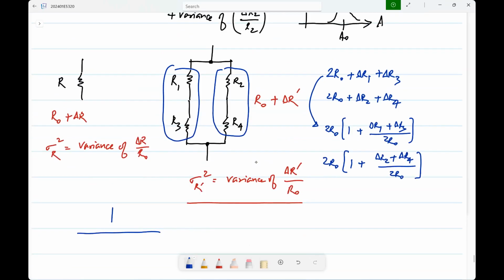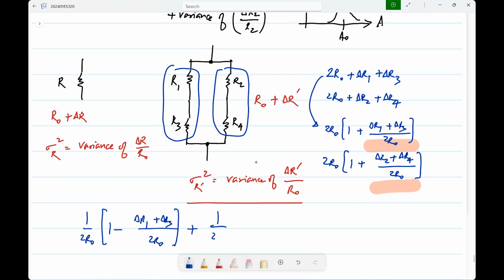And what I said is this part here is much smaller than 1. So what is the conductance of the first one? It's 1 by 2R0 times the reciprocal of that, which is 1 minus delta R1 plus delta R3 by 2R0. And the other conductance is 1 by 2R0 times 1 minus delta R2 plus delta R4 by 2R0.